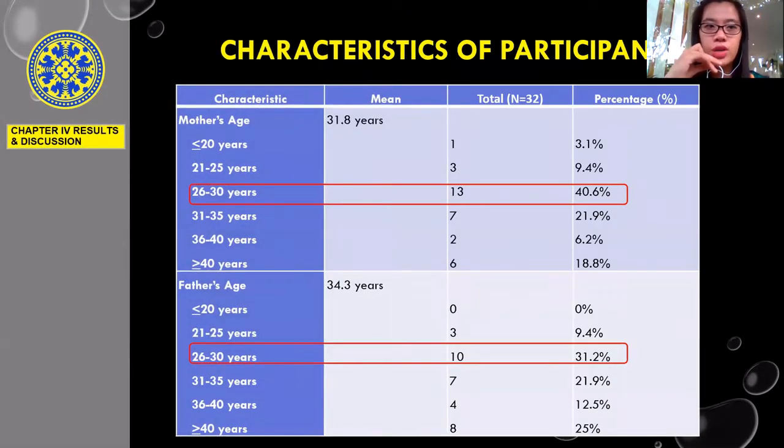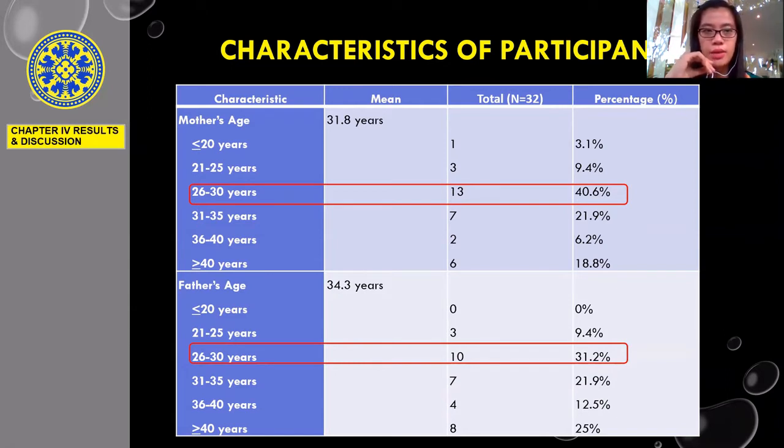The characteristics of the participants: from the mother age, we have a range of 20 to 30 years, mostly that did the amniocentesis, with a total number of 13, and the father age is also the same, most from a range of 26 until 30 years.